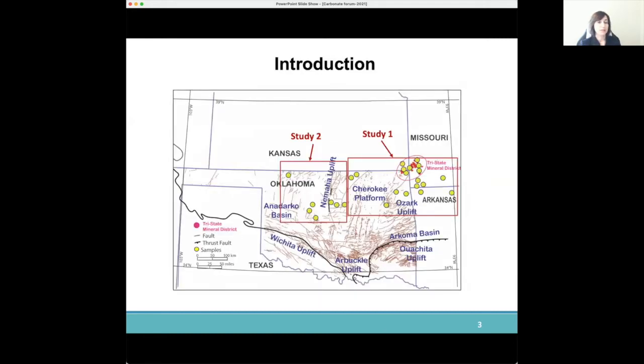Mississippian rocks in the southern midcontinent of the United States were affected by multiple events of deformation and diagenesis. This has resulted in a complex diagenetic history involving petroleum migration, thermal alteration, and MVT mineralization. It is important to note that the Tri-State Mineral District at the conjunction of Kansas, Missouri, and Oklahoma is one of the largest MVT districts in the world hosted by Mississippian rocks.